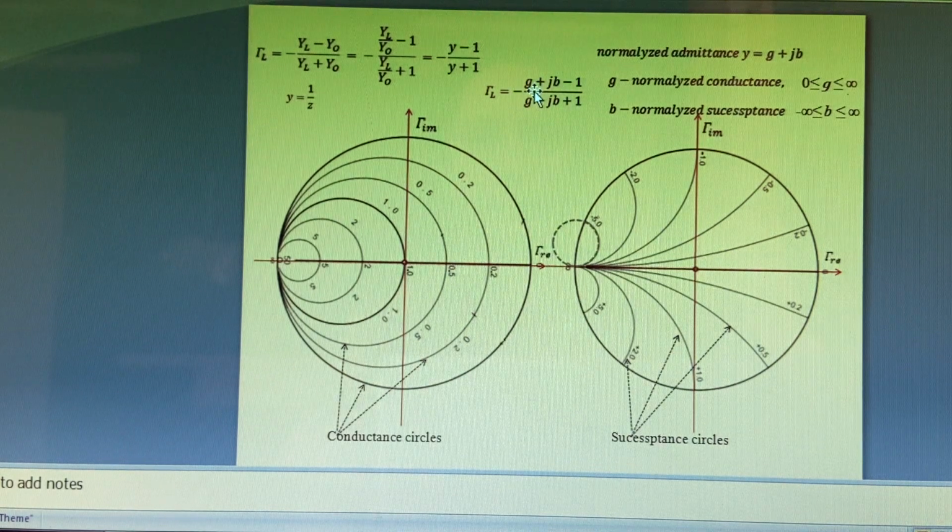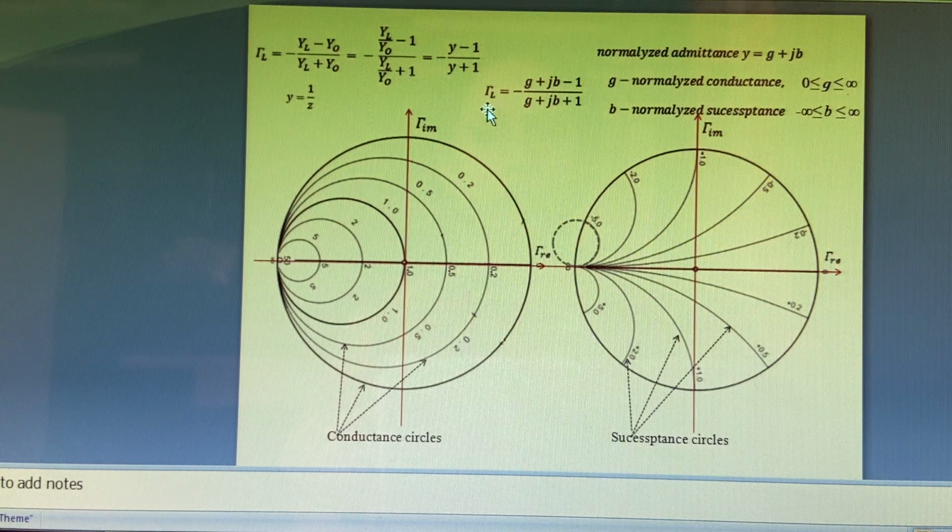G is the normalized conductance, and B is the normalized susceptance. So the reflection coefficient tau L is written here in terms of the conductance and susceptance of the admittance. Here the conductance and reflection coefficient are related. Similarly, B and tau L are also related.